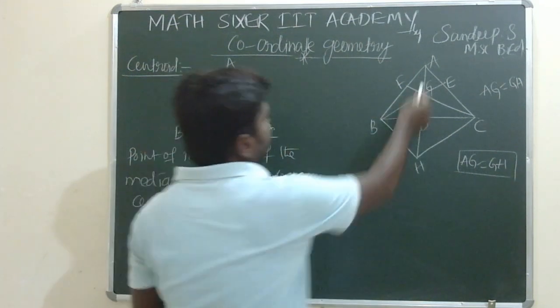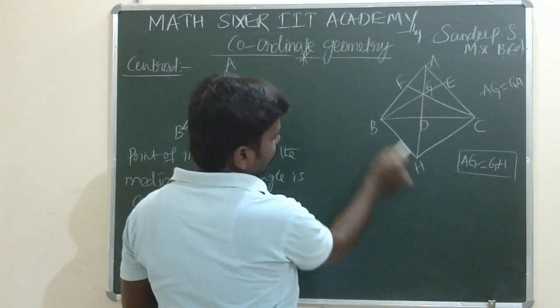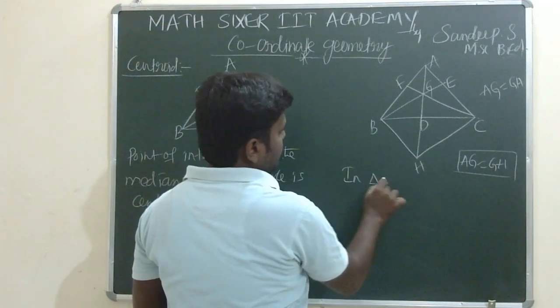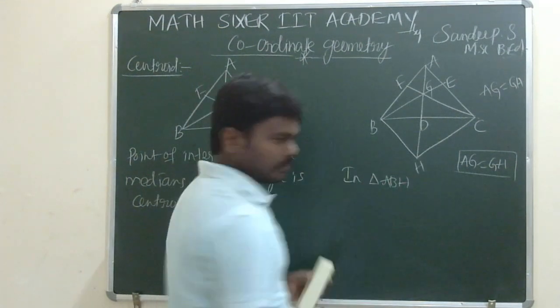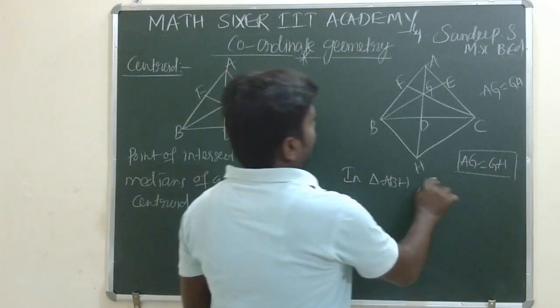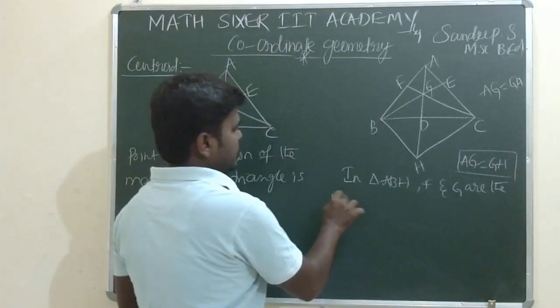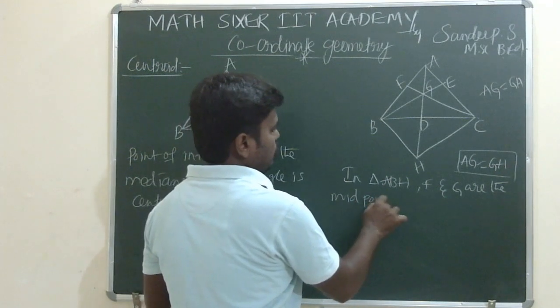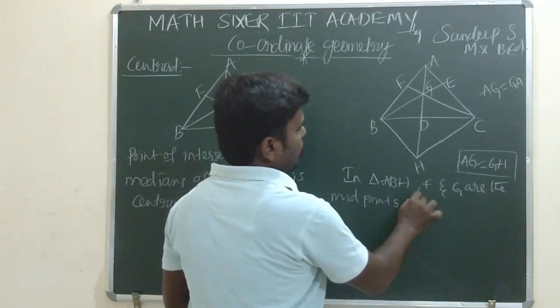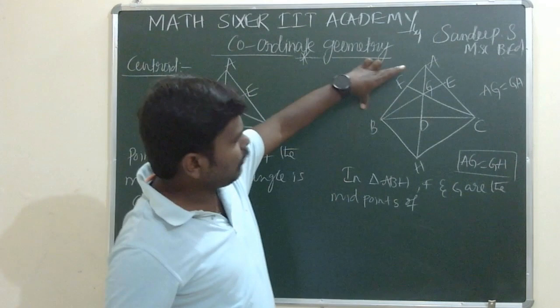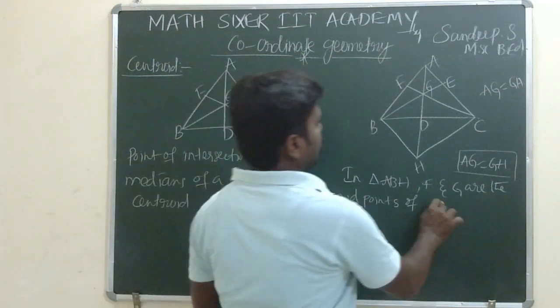So when you take triangle ABH, in triangle ABH, F and G are the midpoints of AB and AH respectively.